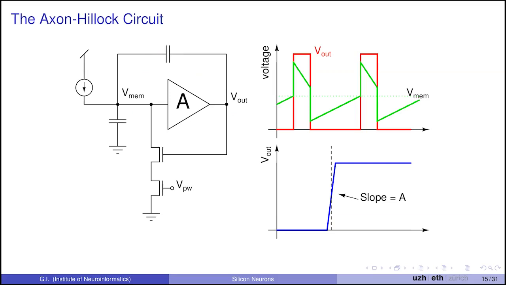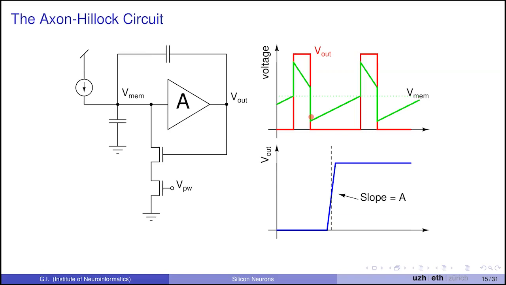You could imagine, actually, this is another anecdote I'd like to tell you. You might not need this capacitor. What would happen if we did not have this capacitor? So we would have an input current, Vmin would increase, it would make V out switch to high, but then without the positive feedback, Vmin would not see this change and would just stay where it sits. It would just start to decrease here.